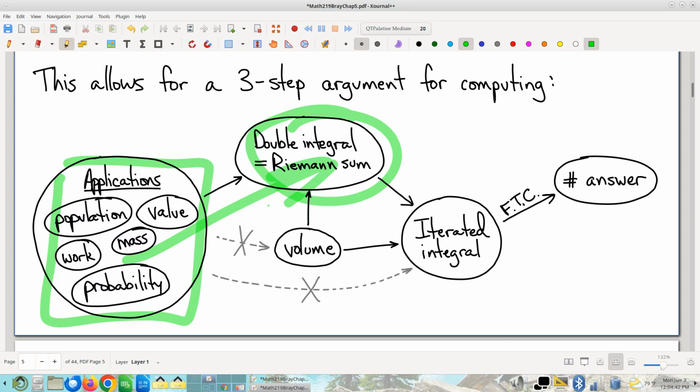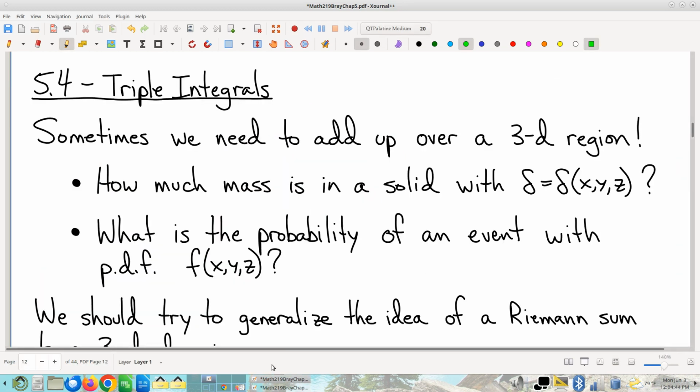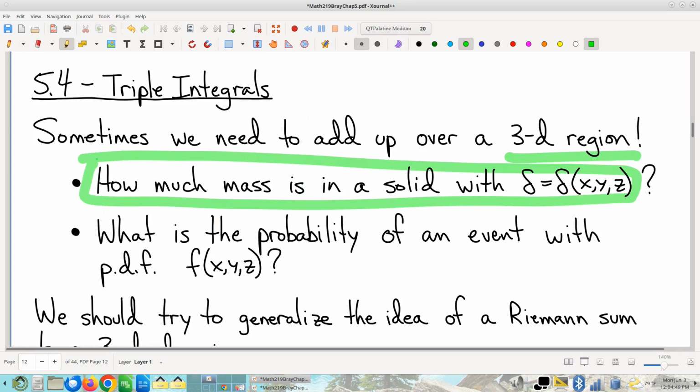So what we're going to consider now is, what if I have a three-dimensional region? So, for example, this is my favorite metaphor, I guess, for why we need triple integrals. I like to think about mass, because it's visceral, it's physically relatable.